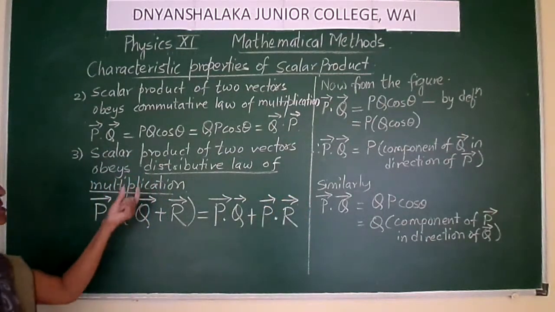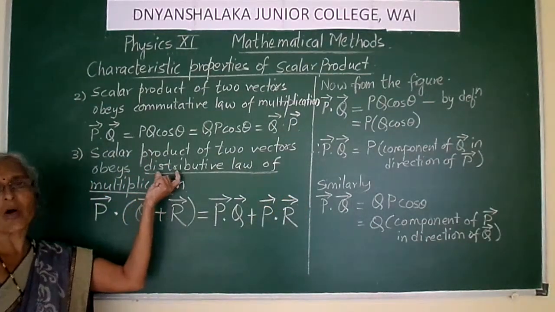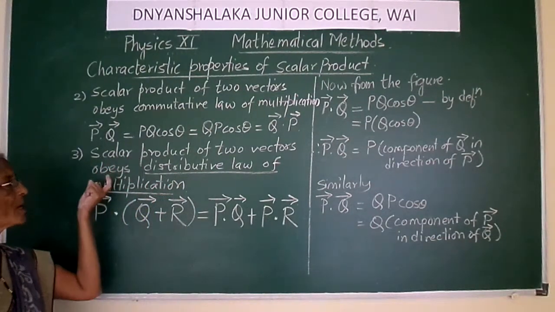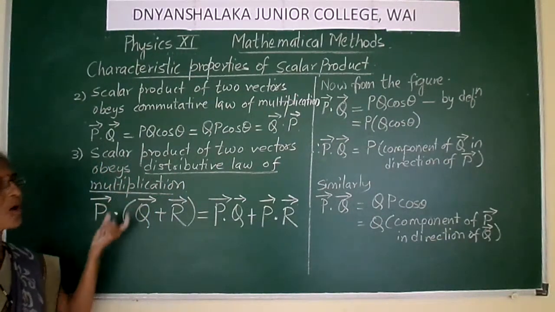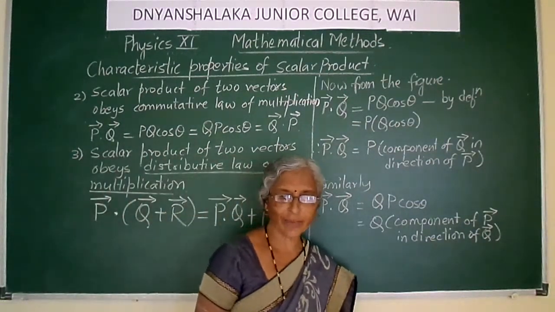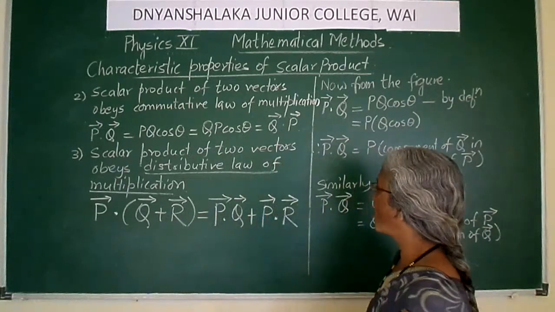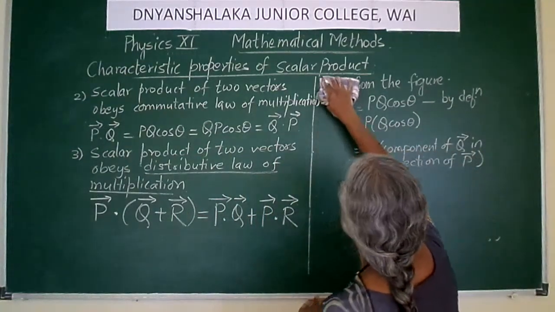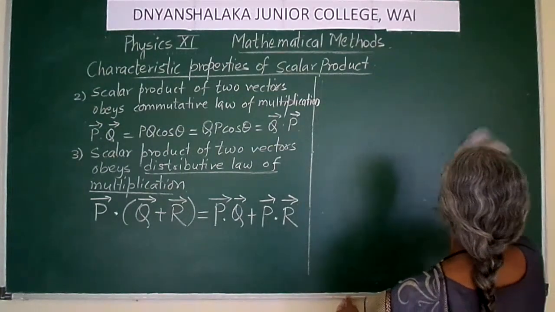What is this? Distributive law of multiplication. So scalar product obeys distributive law of multiplication. Are you all getting this? Okay.